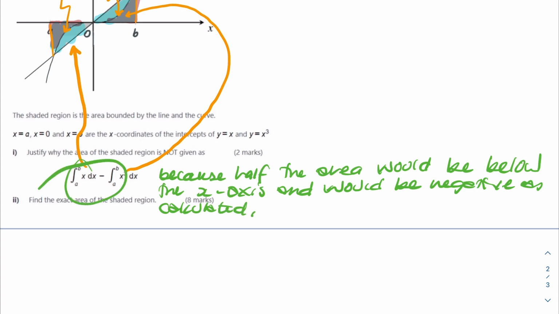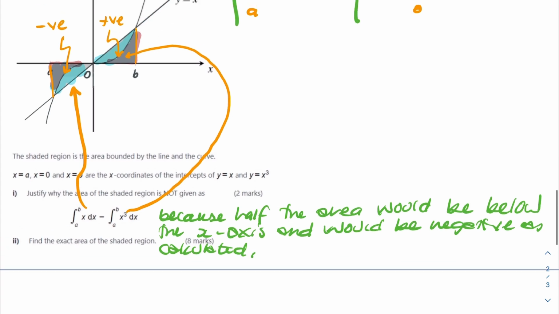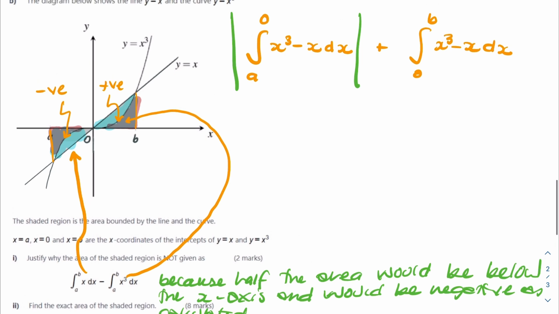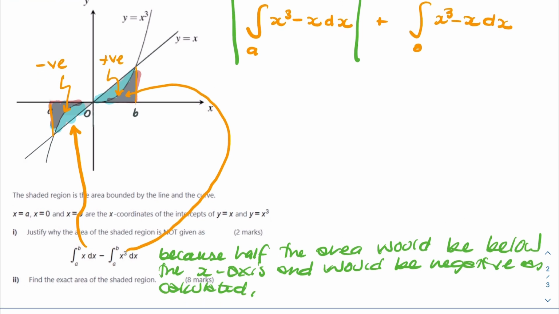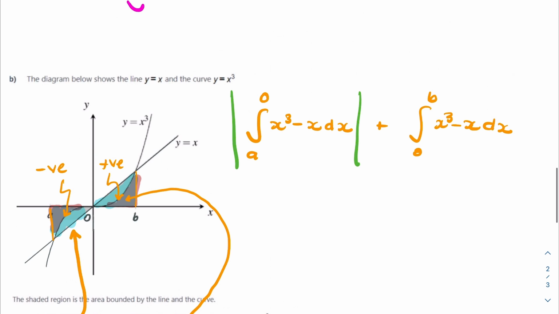So as calculated here, you'd get a negative value. Okay, it then says find the exact area. That just means doing that, basically.